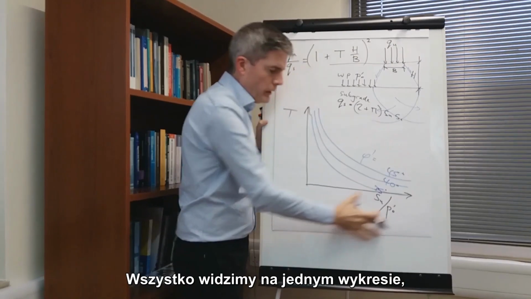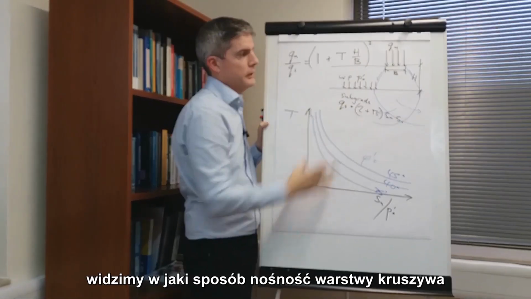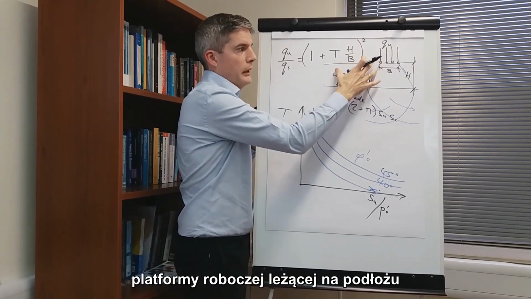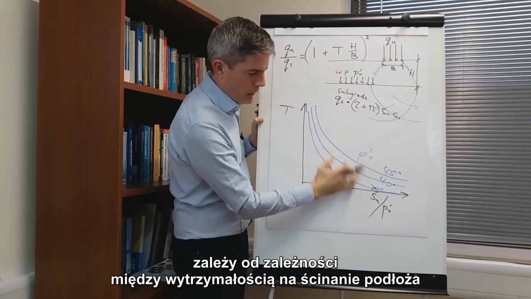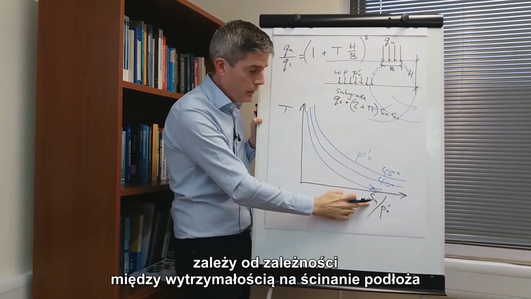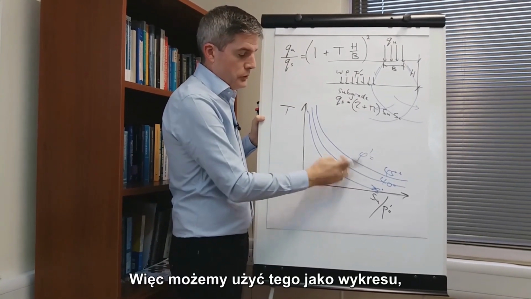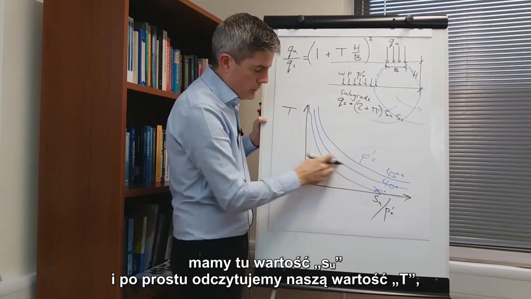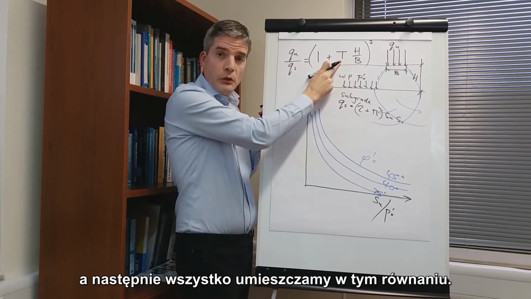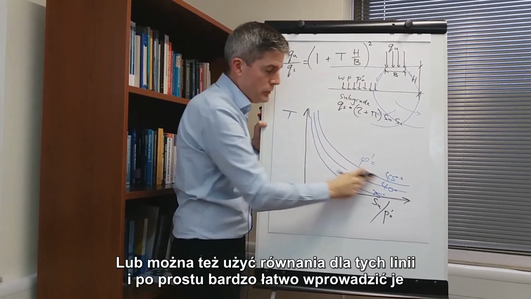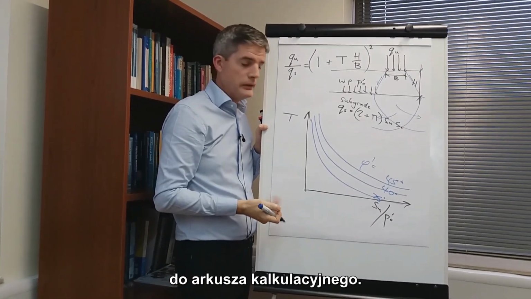So in one chart, you can see how the bearing capacity of a granular layer in a working platform over a subgrade depends on the relationship between the shear strength of the subgrade and the shear strength of the granular layer. You could use this as a chart: you have your SU value, simply read off your value of T and put it into that equation. Or you can use the equations of these lines and just program it into a spreadsheet very easily.